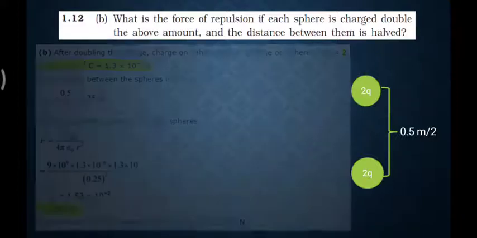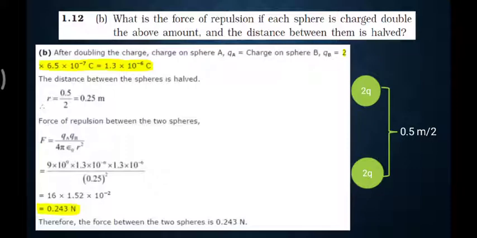Okay, let's go for the calculation. After doubling the charge, 2 times 6.5 into 10 to the minus 7 is 1.3 into 10 to the minus 6. This 1.3 into 10 to the minus 6 is the charge on each of the 2 charges, so at the end you will get a square of it. And R is 0.5 going to half, as the question said, so it will be 0.25.